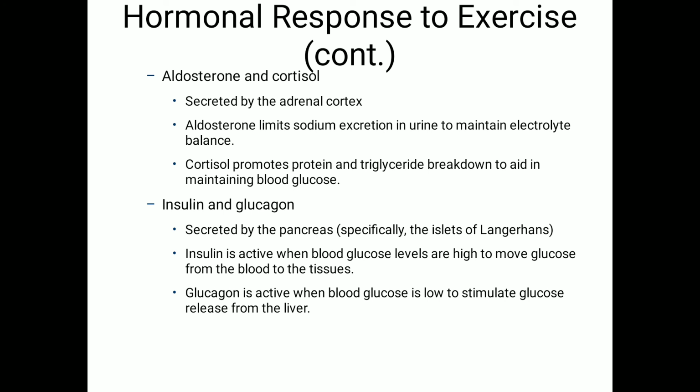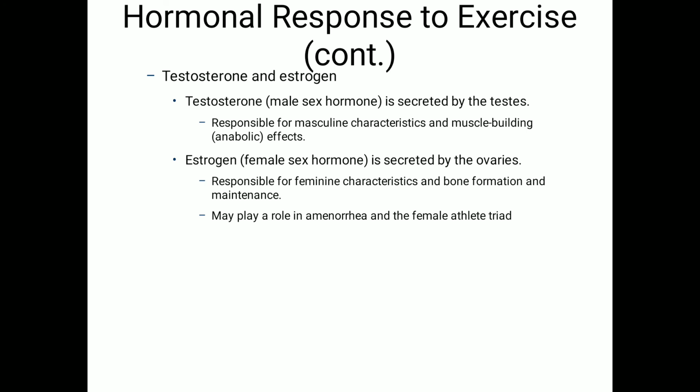Insulin is active when blood glucose levels are high, whereas glucagon is active when blood glucose levels are low, and this stimulates glucose release from the liver. Apart from that, there are some roles of testosterone and estrogen. Testosterone is for anabolic effect, and estrogen is for maintaining feminine characteristics and bone formation, and plays an important role in amenorrhea.